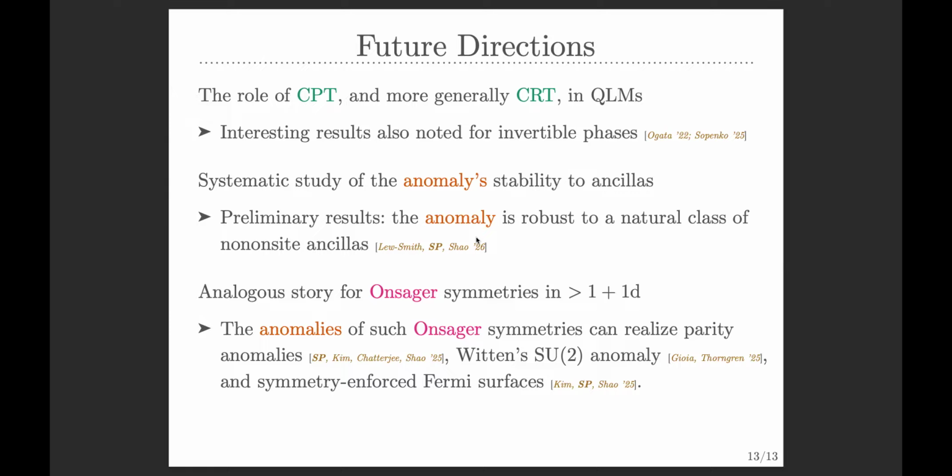Yeah, you can do that. I don't think we want to do that. When you say transform trivially under the symmetry, you could definitely do that.